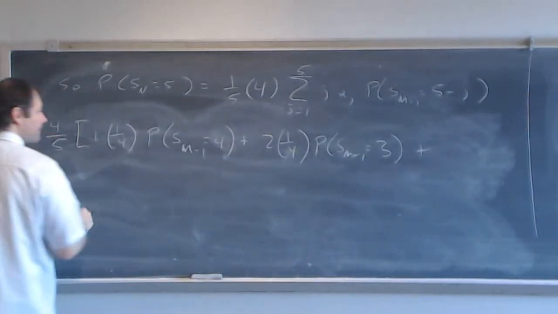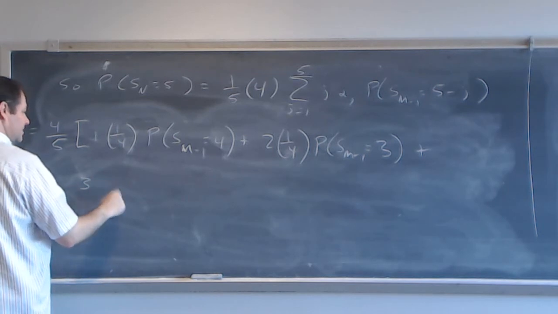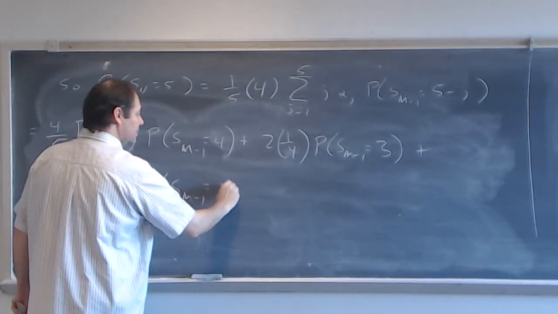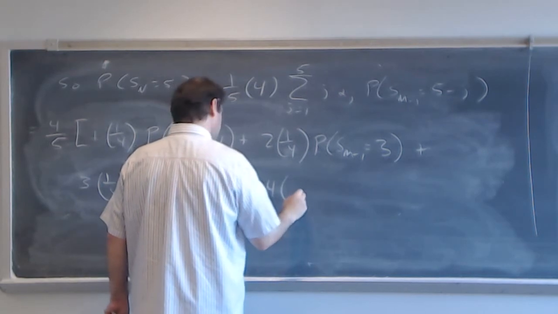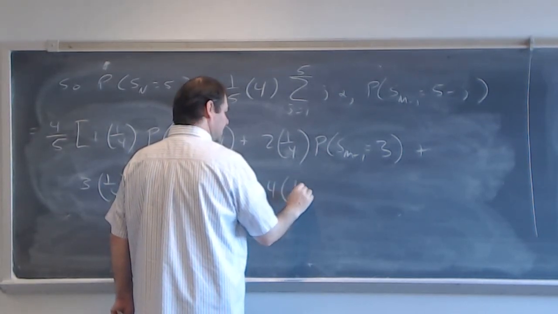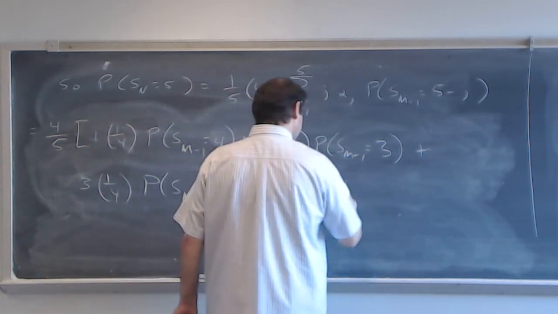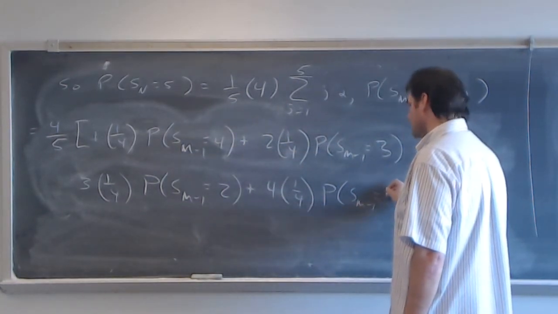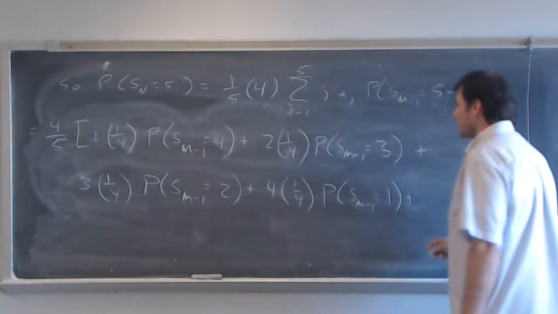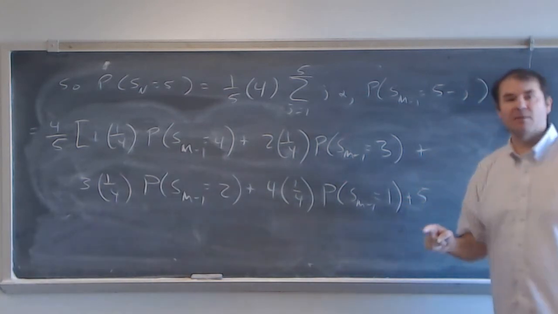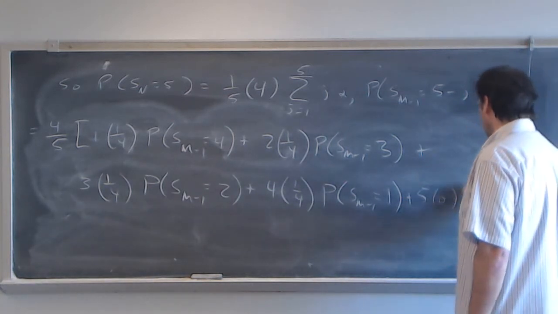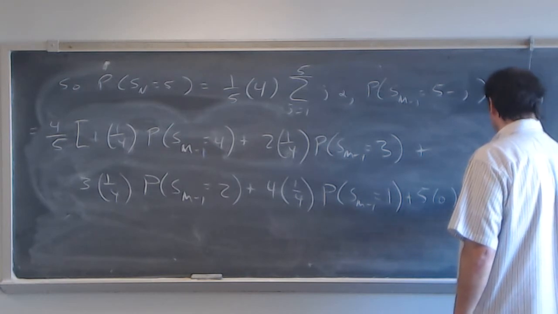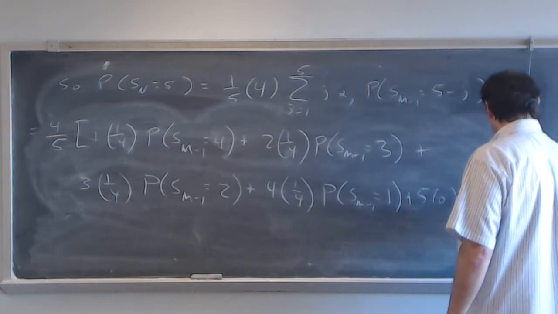Plus 3 times alpha sub 3, the probability X_1 is equal to 3, still 1/4, times the probability that S_{m-1} is equal to 2, plus 4 times alpha sub 4, that's 1/4, times the probability that S_{m-1} is equal to 1, and then plus 5 times alpha sub 5, the probability that X_1 is equal to 5, well that's 0, times the probability that S_{m-1} is equal to 5 minus 5, that's 0. Okay, that's what I have.